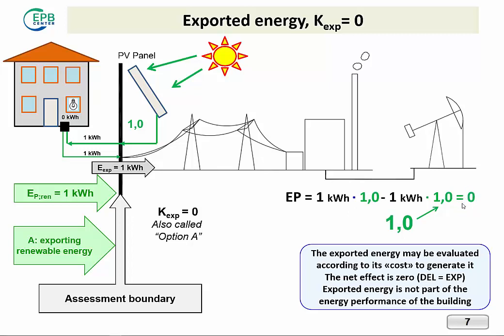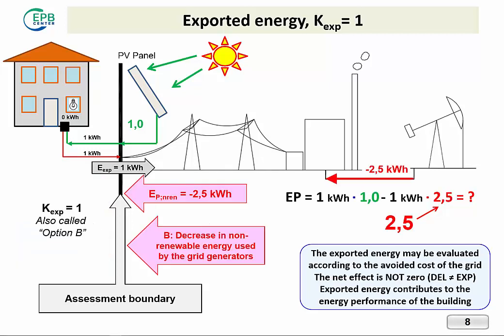It cancels out. So we express this by saying the exported energy doesn't contribute to the energy performance of the building because it's counted both as coming in and coming out with the same weighting. This is also called option A, and this is indicated by a value of K exported equal to 0.